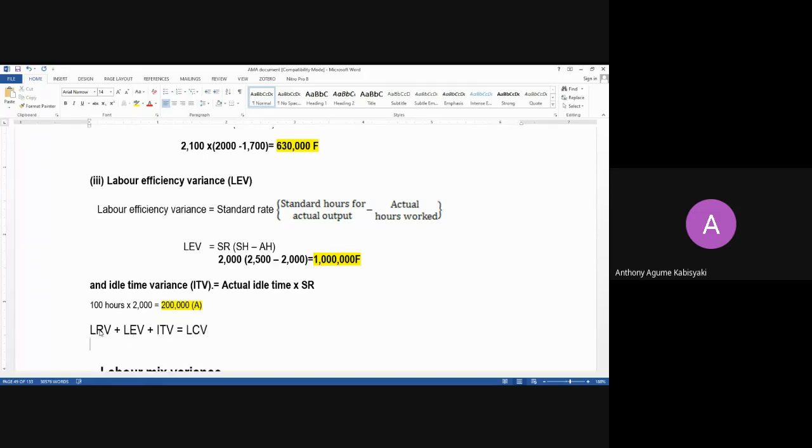So if I get 630,000 favorable, I add 1 million favorable.